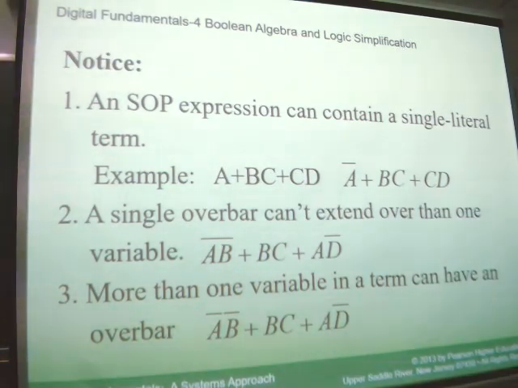Second, a single overbar can't extend over more than one variable, so this expression is not a sum of products form. Three, more than one variable in a term can have an overbar, for example, A bar and B bar. This expression is an SOP expression.